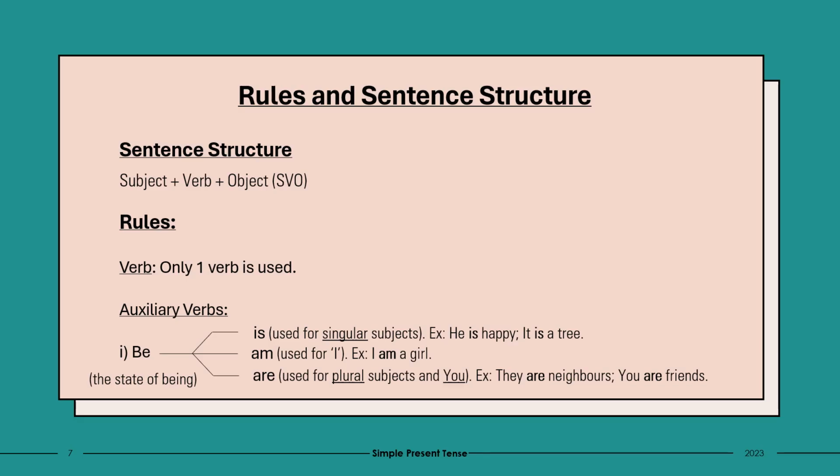Now that we have discussed the uses, let's come to the rules and sentence structure of simple present tense. Sentence structure, as you all know, remains subject, verb, object, that is SVO, and again subject and verb are the most important. A sentence can be framed without using the object as well. For example, I read.